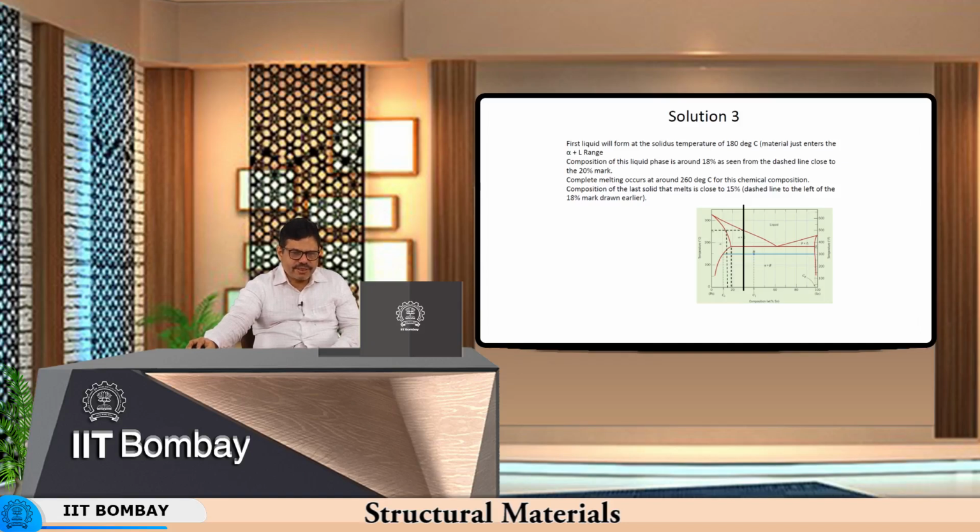Then at 150 degrees centigrade, as was said earlier, the solid phase had a chemical composition of just about 11% or so, right, 10 plus 1, 11% of tin.